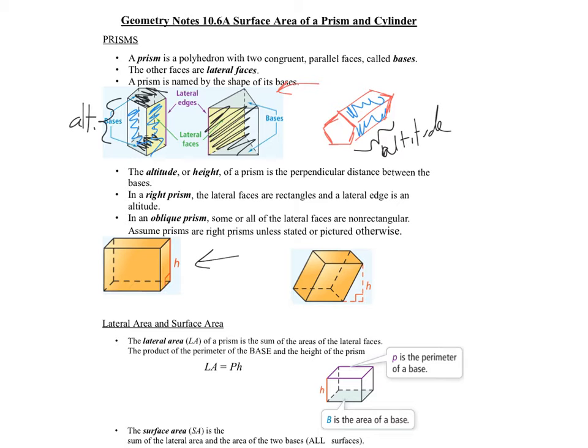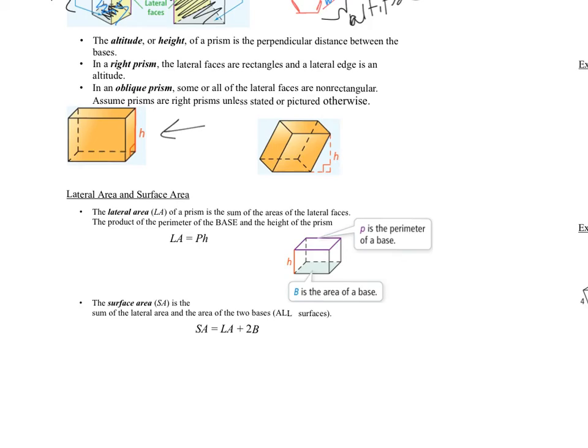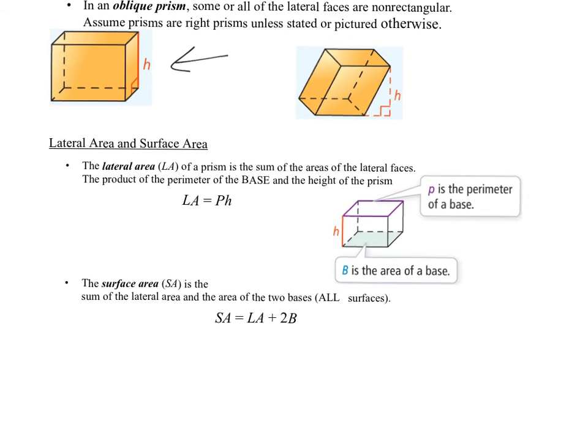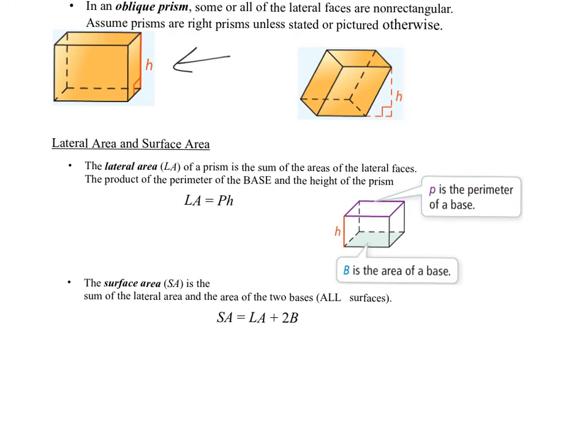So there's 2 things that we want to calculate. Sometimes they just want us to calculate the lateral area. So if I wanted you to calculate the lateral area of this prism here, I would only want the back, the right side, the front, and the left side. I would not want the top or the bottom.